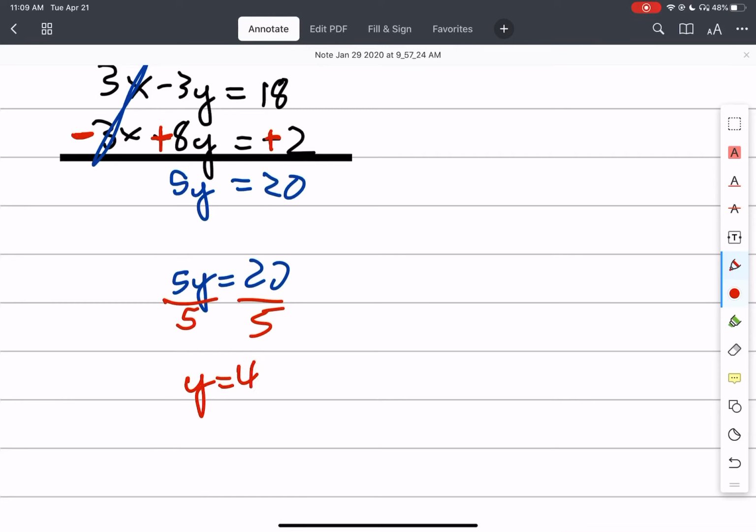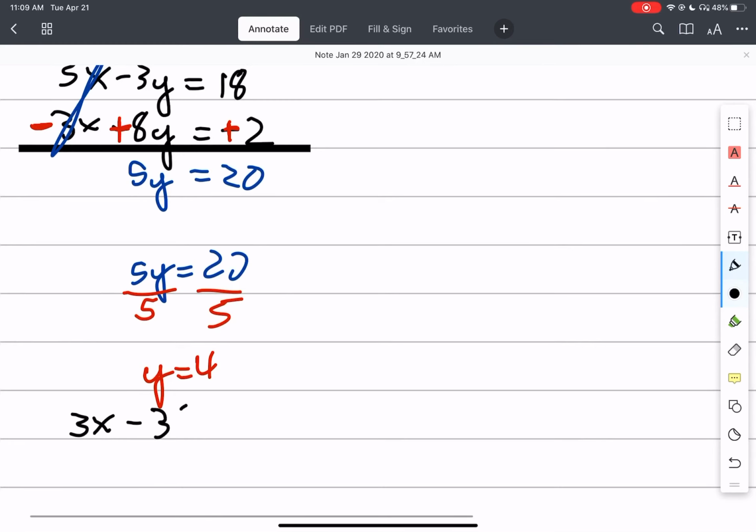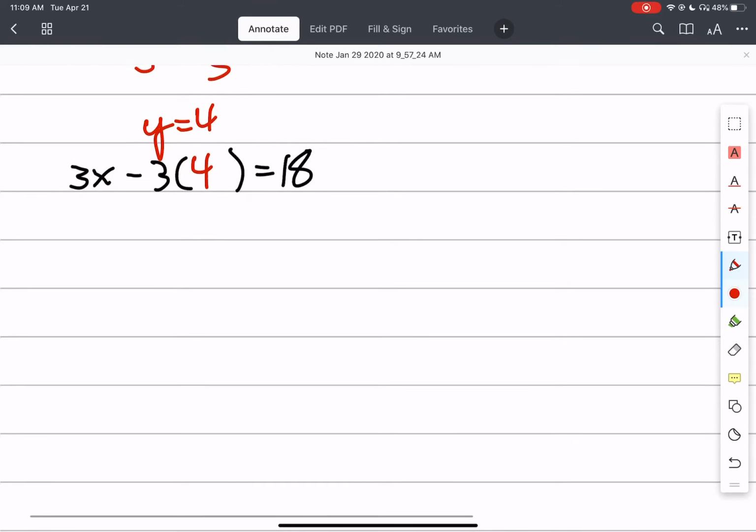Now that I know y is equal to 4, I'm going to take the top equation, the one I did not change, it's 3x minus 3y equals 18, and then I'm substituting y with 4, and now I can solve.